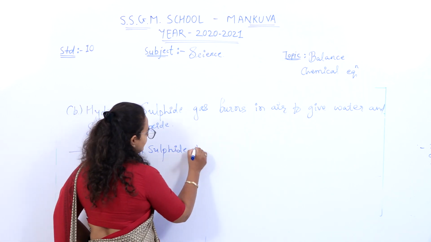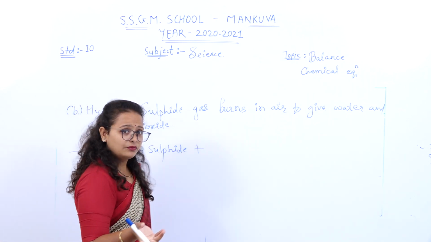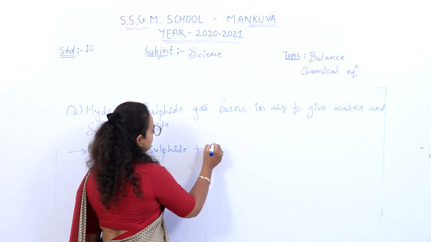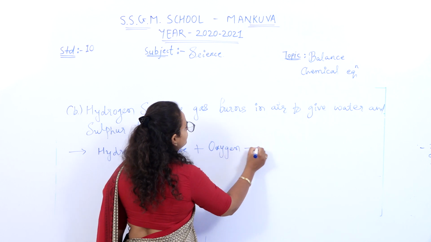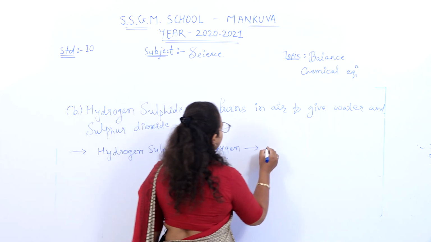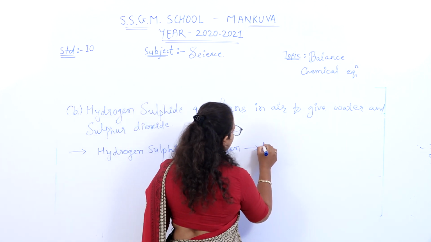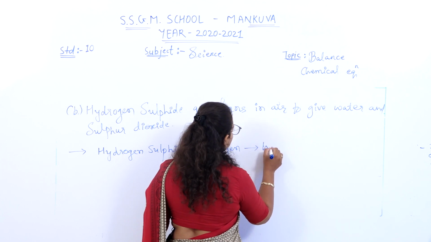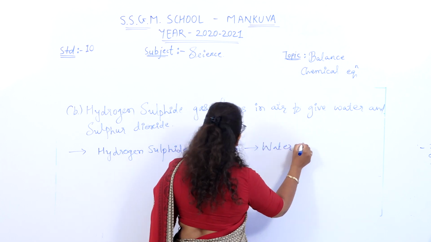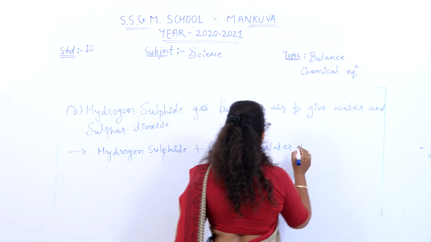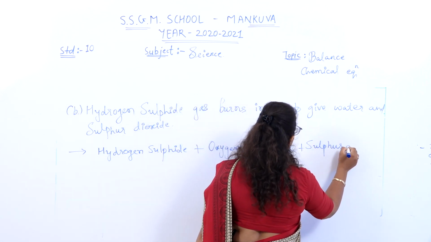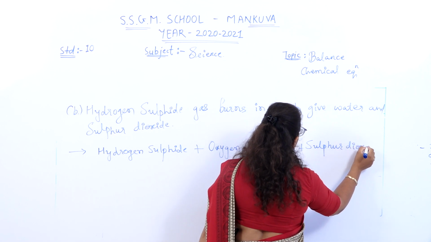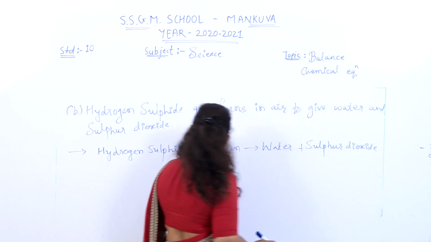Now, let us go to the first step: hydrogen sulfide burns in air. Now, what is the symbol of air? Which is oxygen. So, oxygen to give water and sulfur dioxide. Now move to the next step.